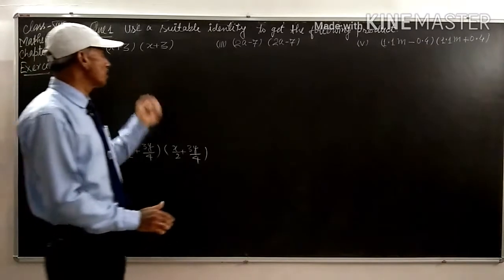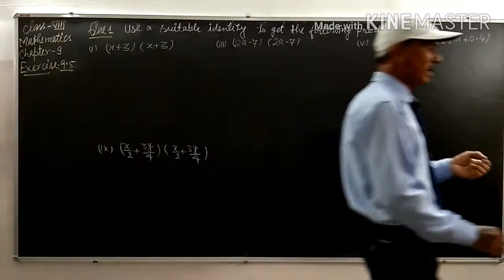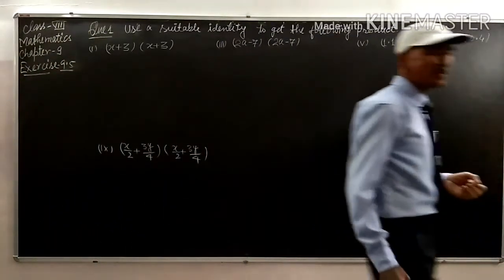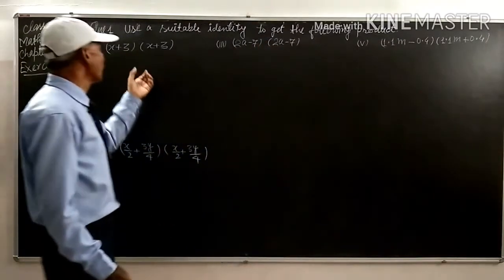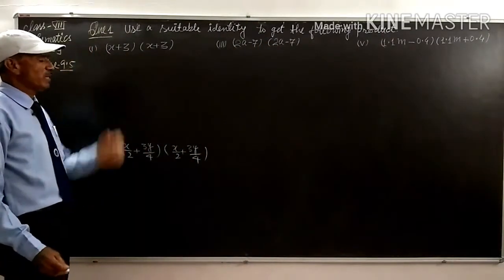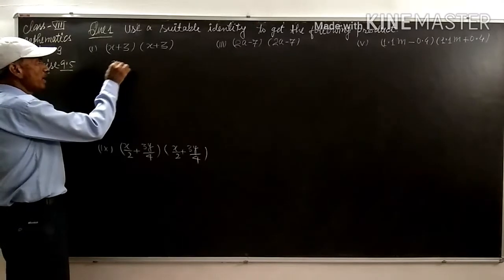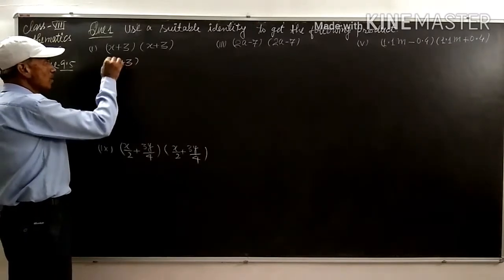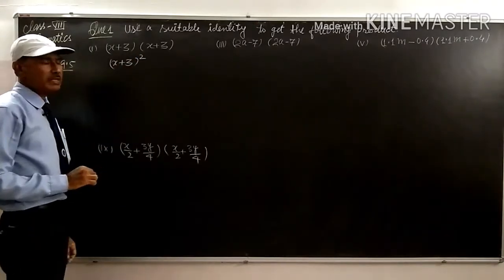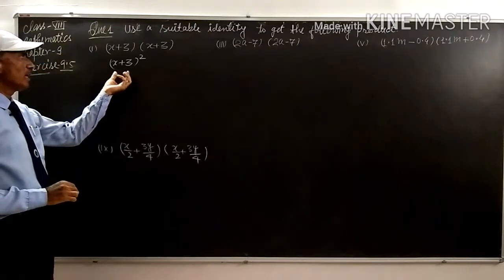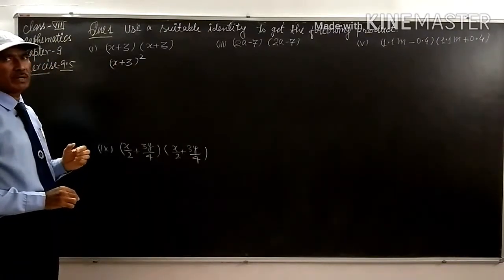So, students, the first part of the question is (x plus 3) into (x plus 3). It means x plus 3 whole square. Clear students? This one is (a plus b) whole square.